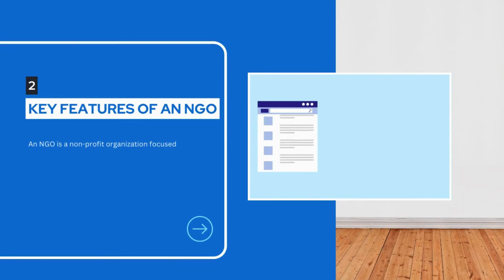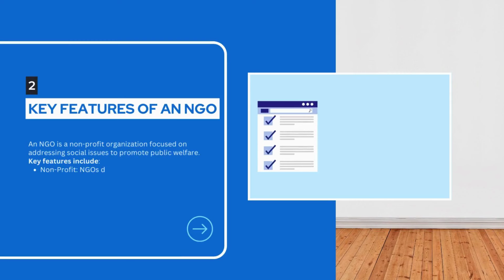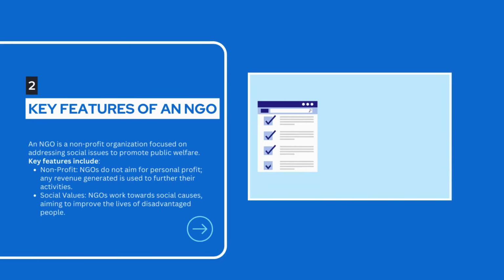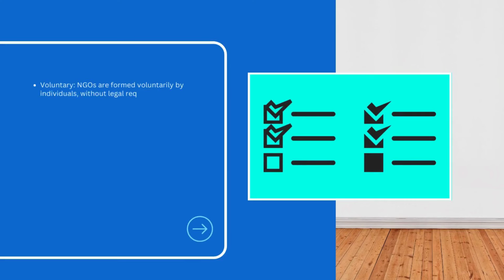An NGO is a nonprofit organization focused on addressing social issues to promote public welfare. Key features include: Nonprofit. NGOs do not aim for personal profit. Any revenue generated is used to further their activities. Social values. NGOs work towards social causes, aiming to improve the lives of disadvantaged people. Voluntary. NGOs are formed voluntarily by individuals without legal requirements for their creation.